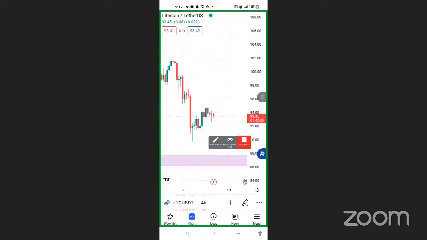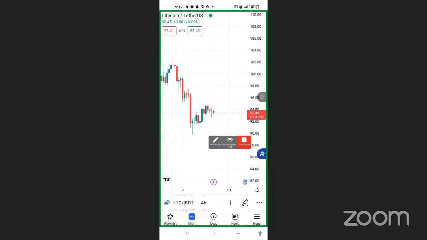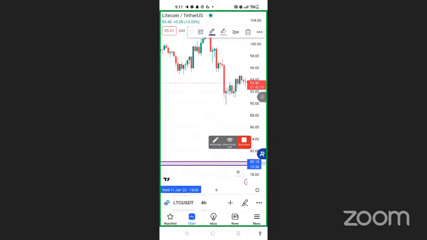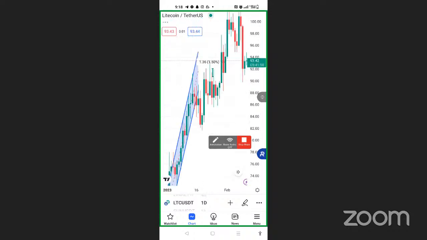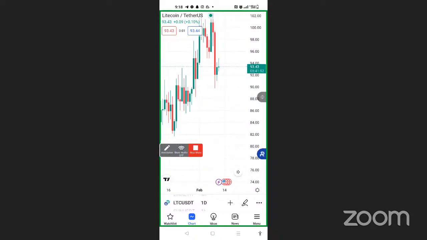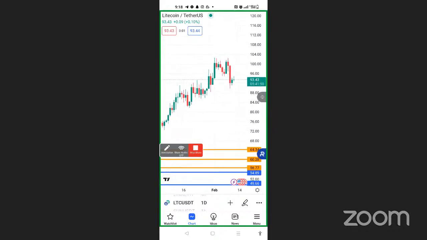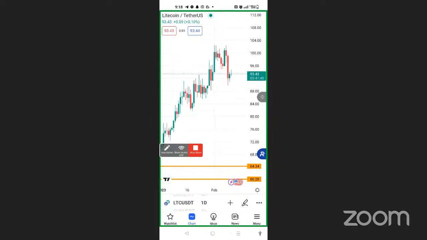We said that you start from scratch. I'll go to the 1-day time frame. In the 1-day time frame, our first step is to look at the nearest swing low, which is this one here.